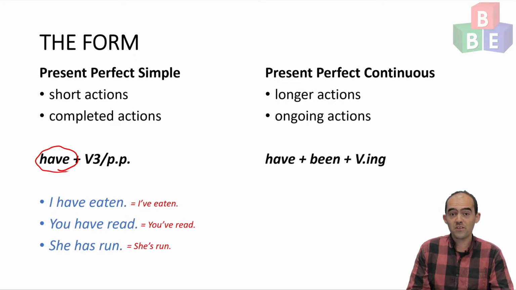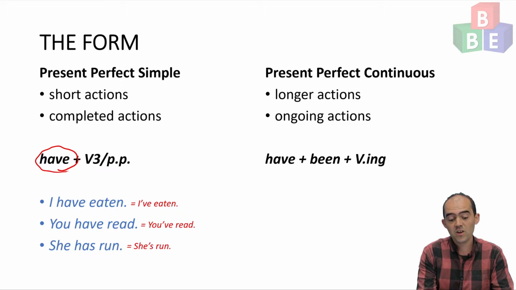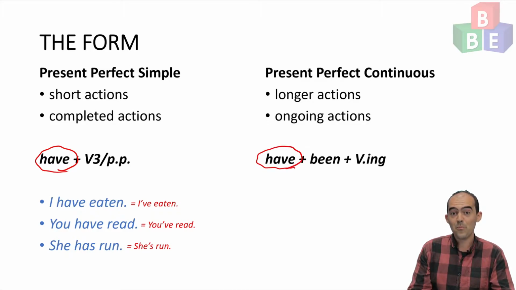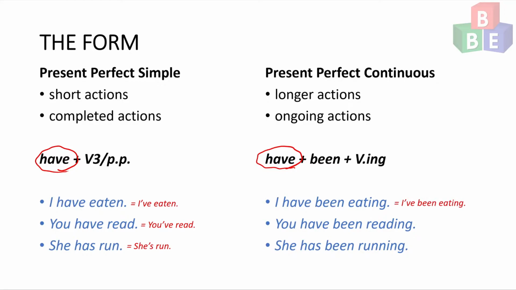For the present perfect continuous, which we use to talk about longer, ongoing actions, we still use the auxiliary have, then been, and finally a verb ing. So, I have been eating, you have been reading, she has been running. And again, the have can be contracted. I've been eating, you've been reading, she's been running.